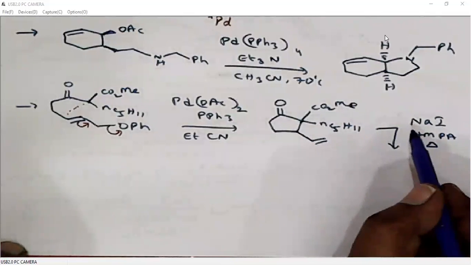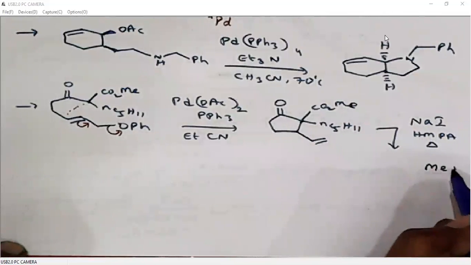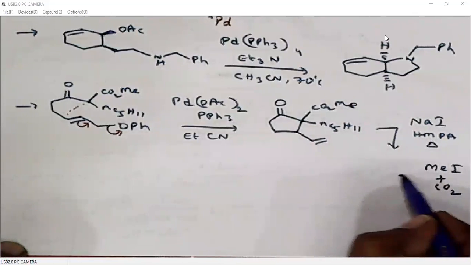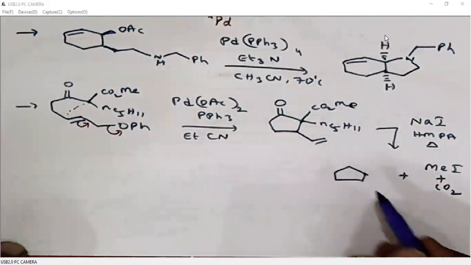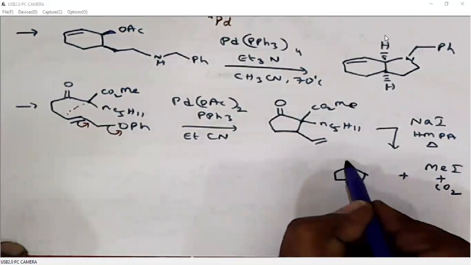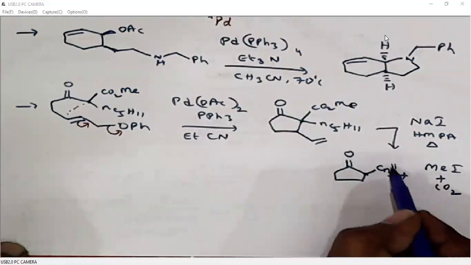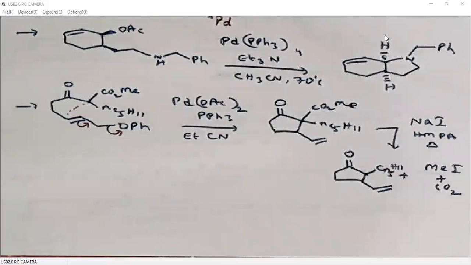Here it undergoes decarboxylation. It takes off methyl iodide plus carbon dioxide. Under thermal conditions, it is a decarboxylation process. This is the product.